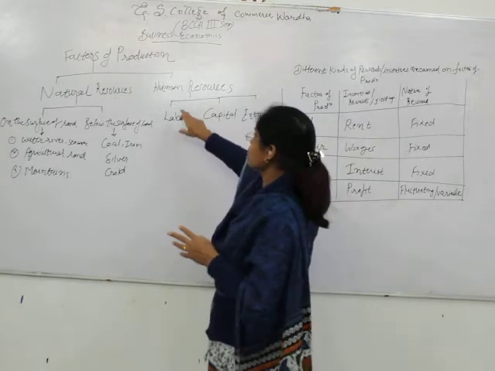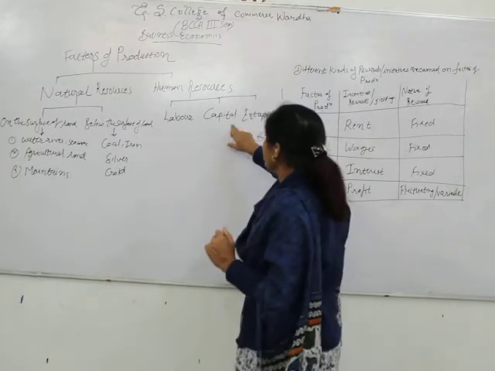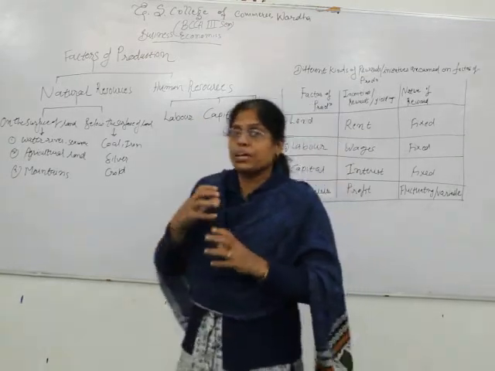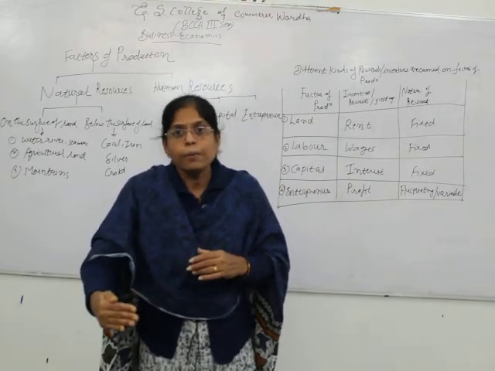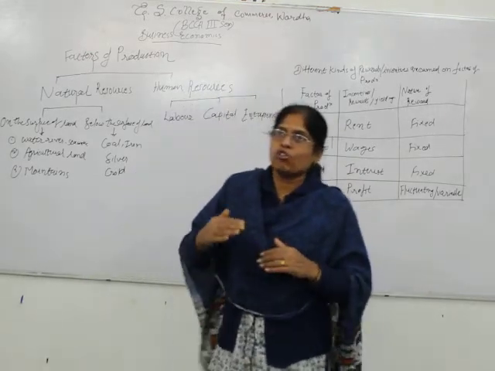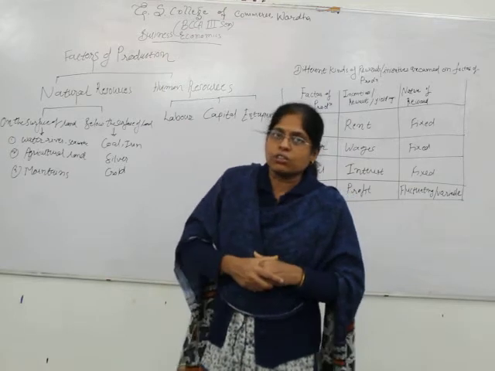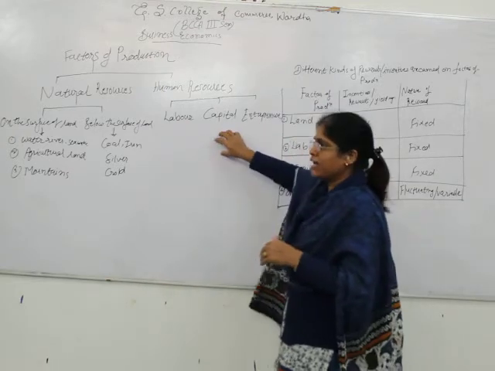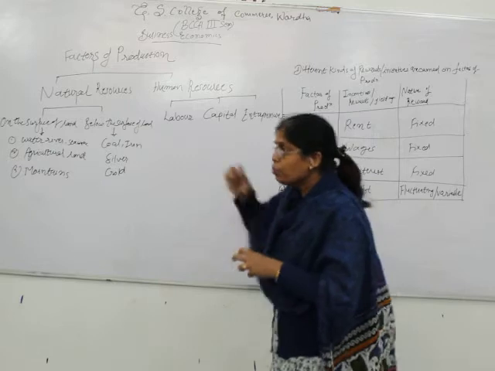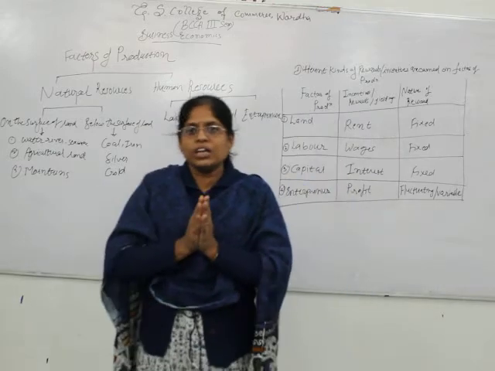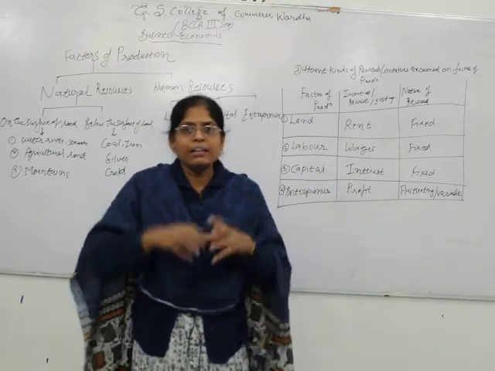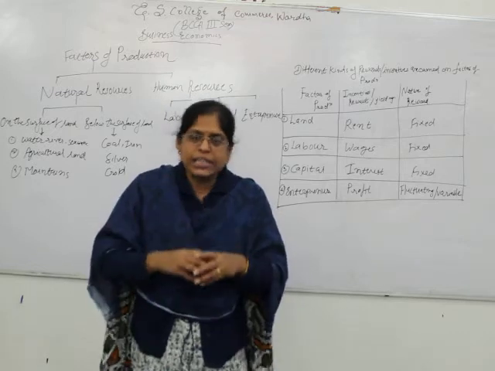First we have seen labor, second is capital. Capital means the money invested for the process of production, or for the need of production. So capital means finance, money or input, the money which is invested by the entrepreneur for the sake of business.